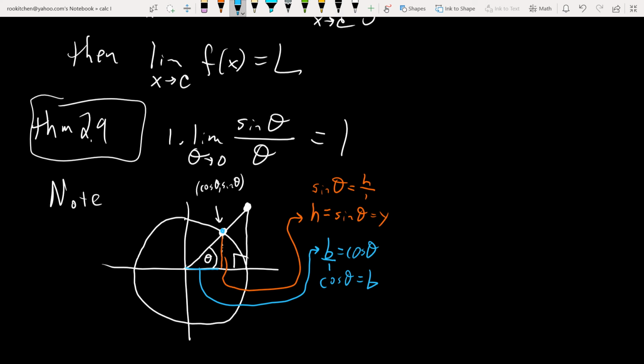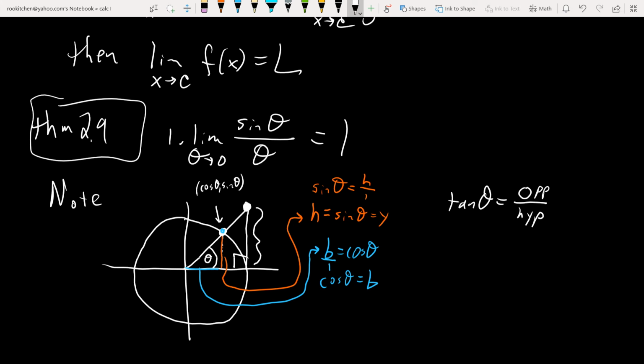I also need an ordered pair for this other point that's sitting right here, and I use the tangent for that. On that triangle, I note that the tan of theta is equal to opposite, which I'm going to have as this length, all over the hypotenuse.